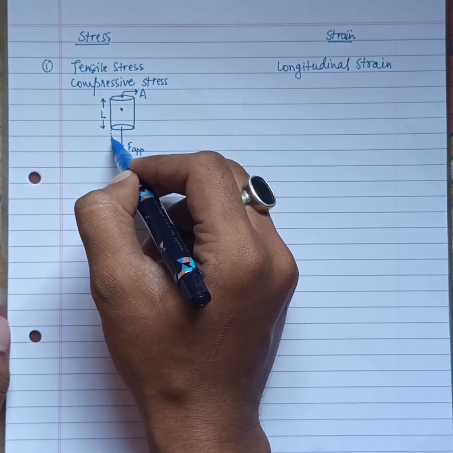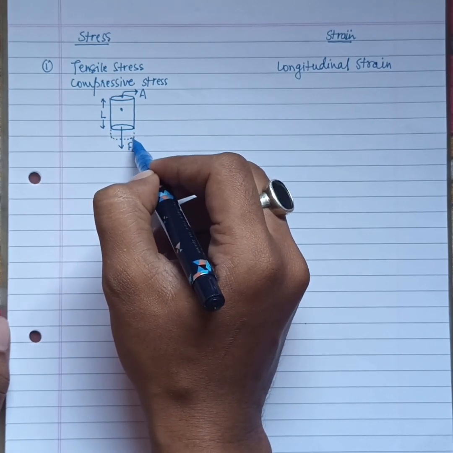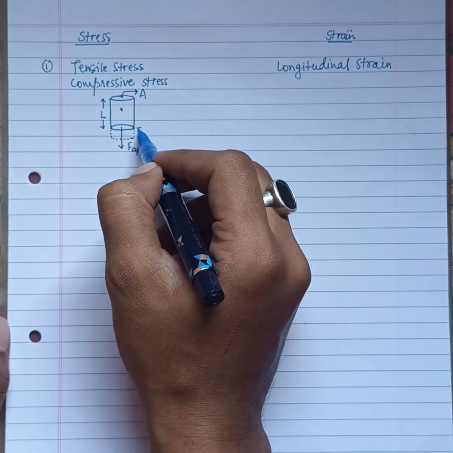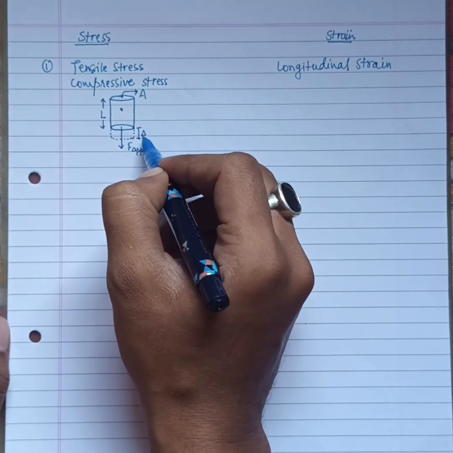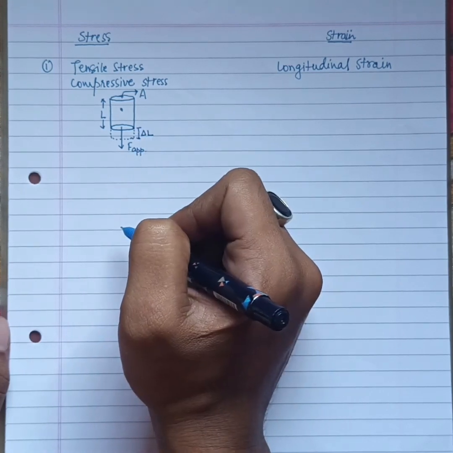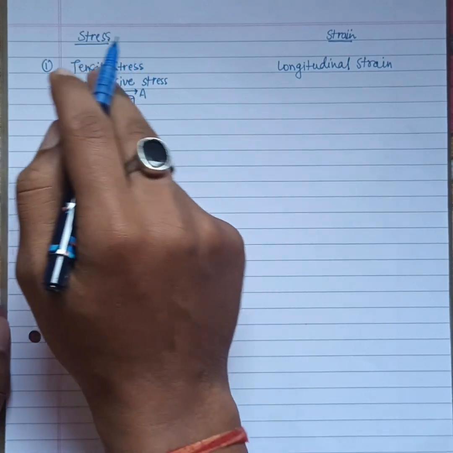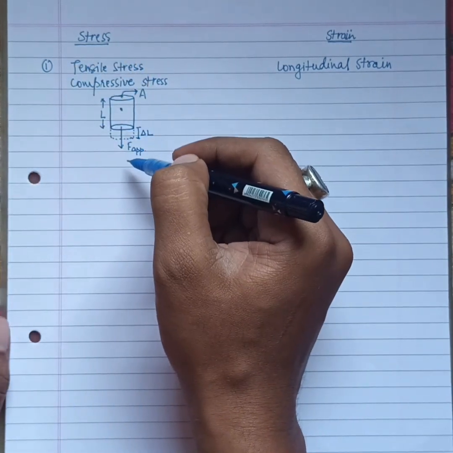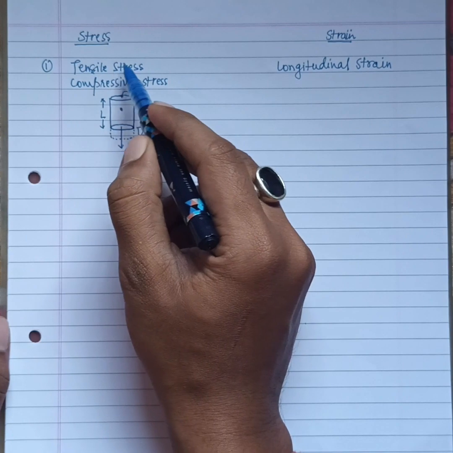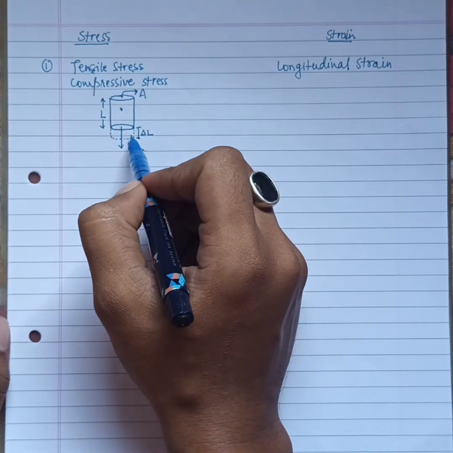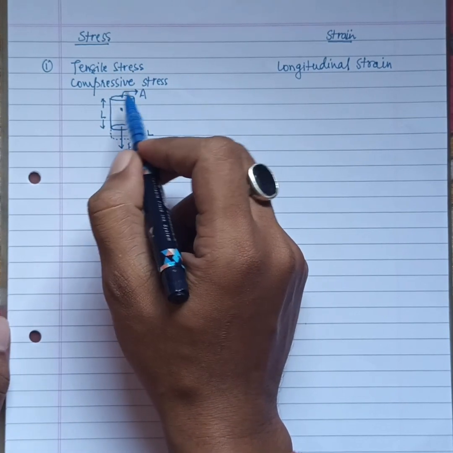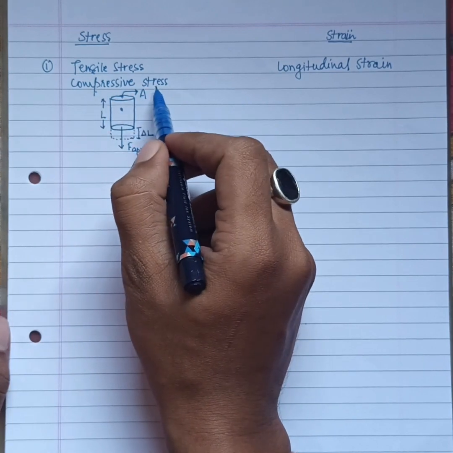The configuration of this rod changes. Changes means the length. Let us consider the length is increased by delta L. When we talk about increasing the length, we talk about tensile stress. When we apply the force to compress it, that will be considered as compressive stress.